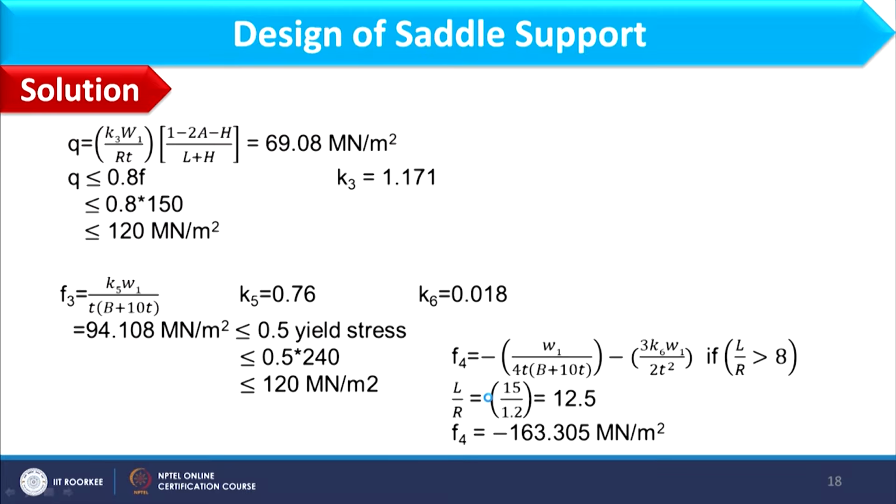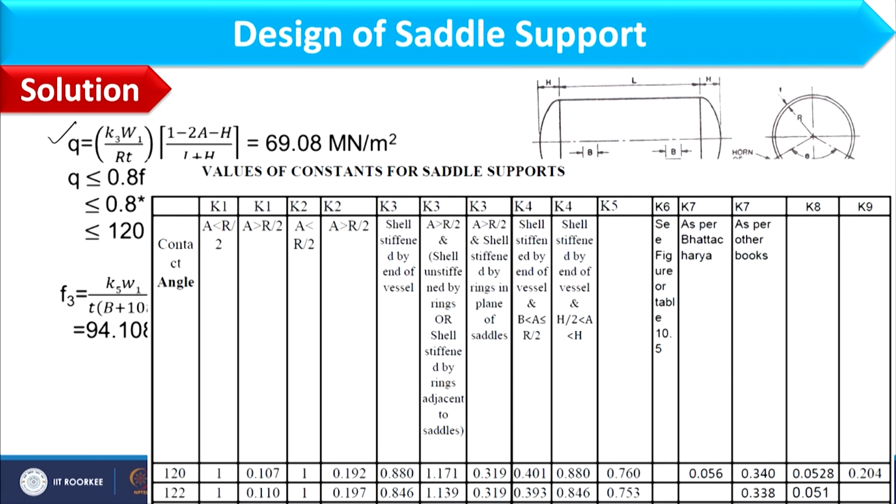And further we have to find out tangential shearing stress, and that case comes as when A is greater than R by 2. So we will use this expression where K3 is 1.171, and that is given by this expression where K3 I am considering, here I have different conditions.